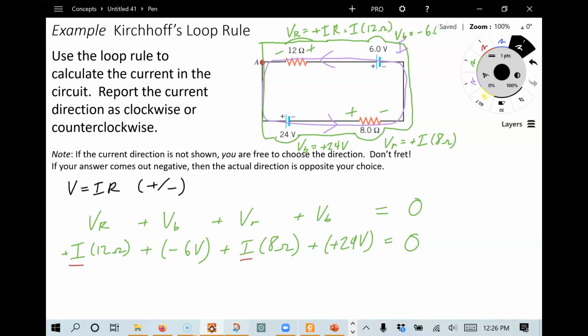So let's do a little bit of algebra here. I've got 12 ohms times I here, and I've got 8 ohms times I there. 8 plus 12, that's 20 ohms times I. For these terms, I got minus 6 volts plus 24 volts. That gives me 18 volts. Sums to 0.